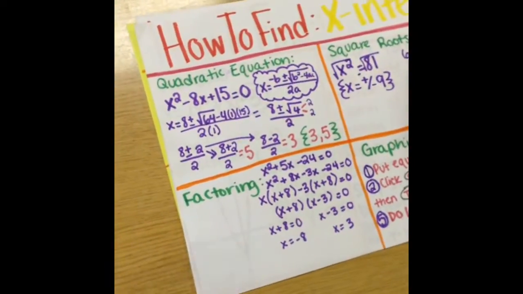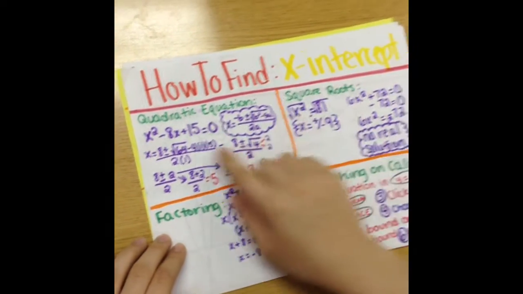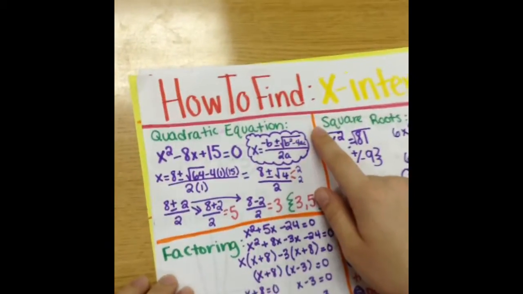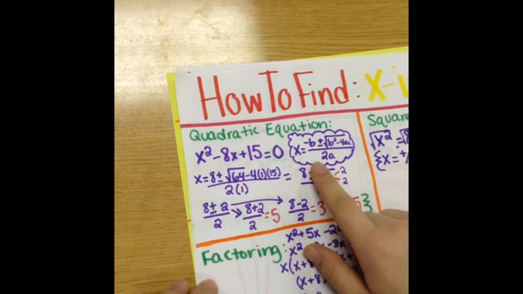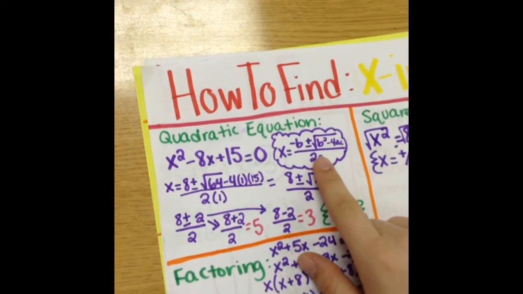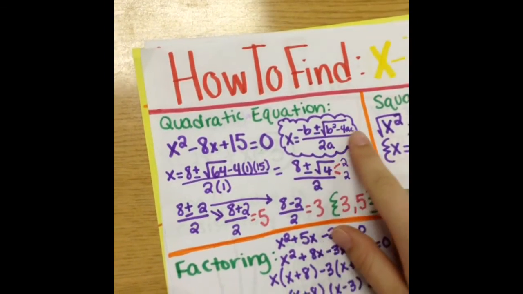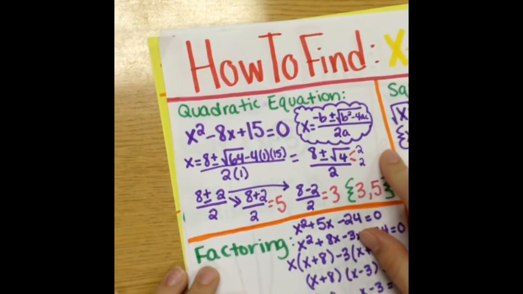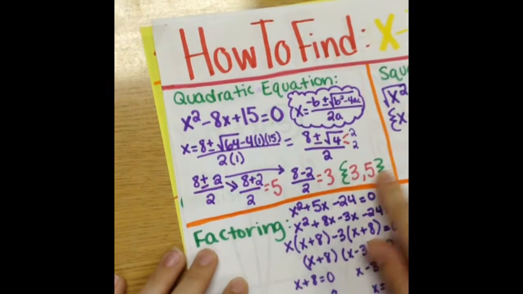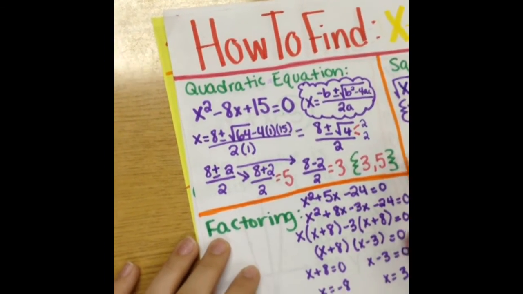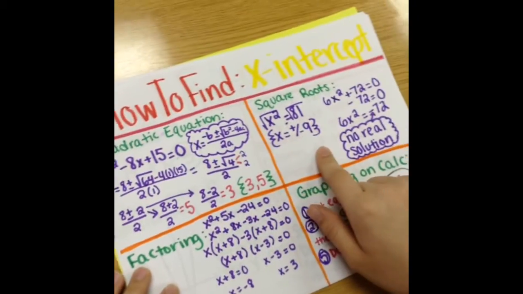How to find the x-intercept? You can find the x-intercept by using the quadratic formula. The quadratic formula is x equals negative b plus or minus the square root of b squared minus 4ac, all over 2a. This is an example of how you would use the quadratic formula. You can also find the x-intercepts by using square roots.